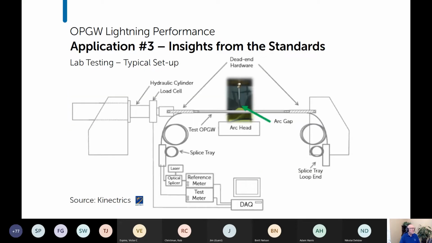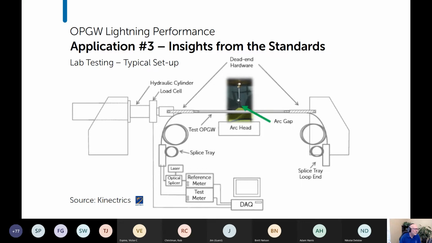Just to give you some more insight as to how this testing is done, this is a typical setup. Again, I appreciate that I was able to get some information from Connectrix. Basically, the cable is under tension to simulate an everyday condition. And then you place an arc head, typically within 1 to 2 centimeters of the cable, and you generate an arc across the gap.